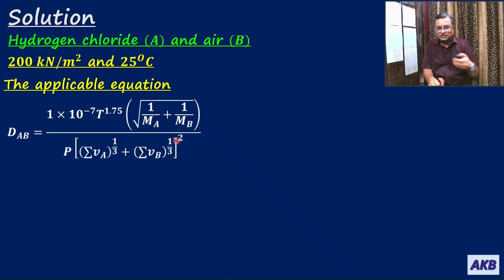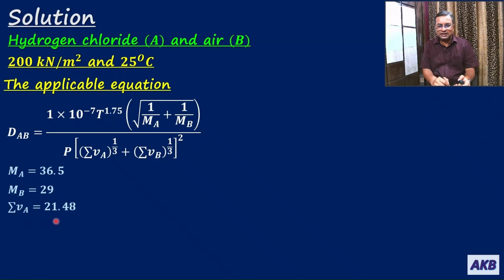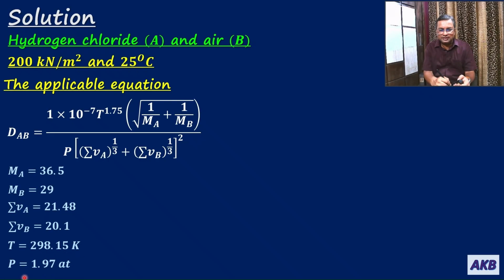You must be remembering the equation. We have used it many times. So Ma is 36.5, Mb is 29, summation Va is 21.48. We got these values earlier. Summation Vb is 20.1. Temperature is 298.15 Kelvin. Pressure is 1.97 atmosphere. So let us use these values.